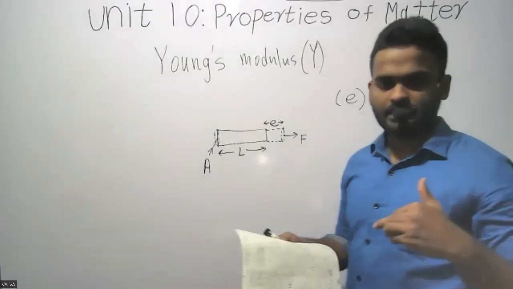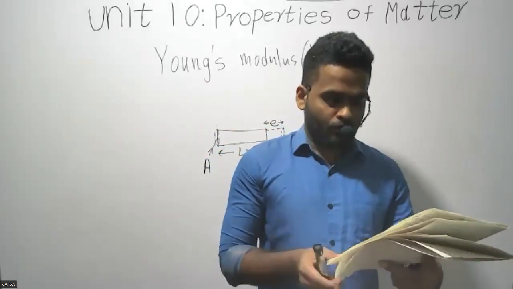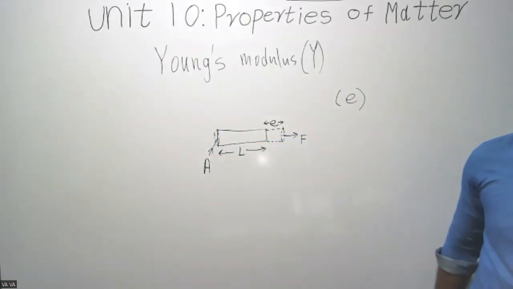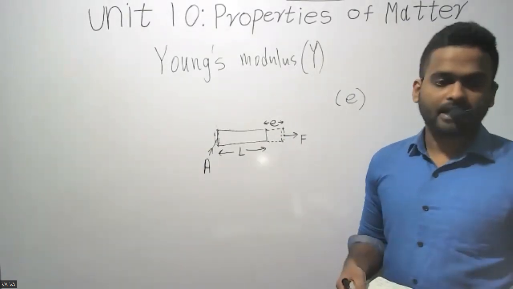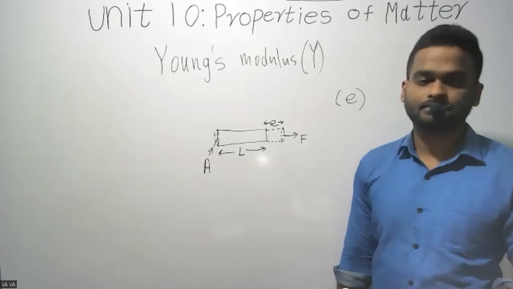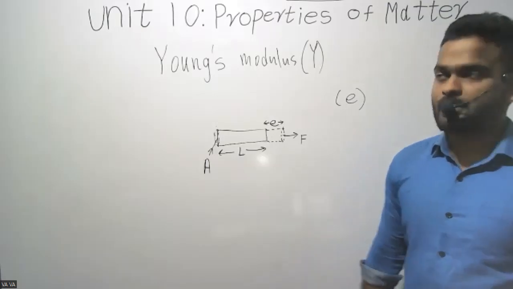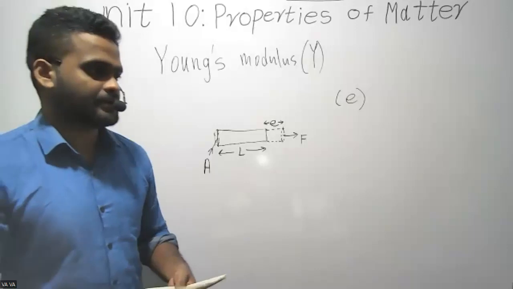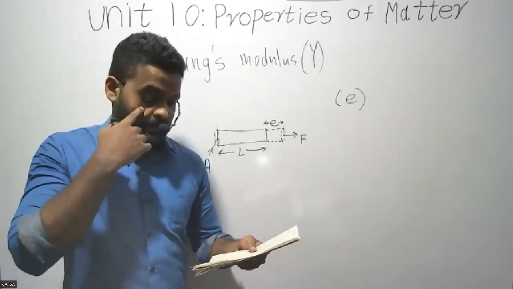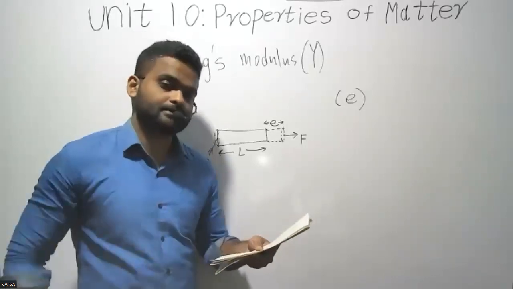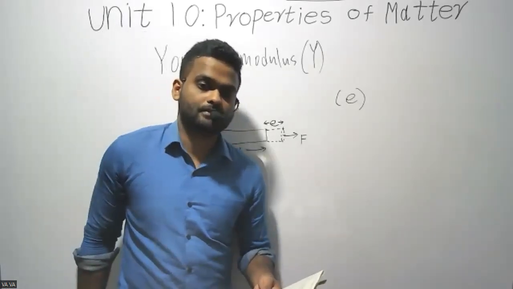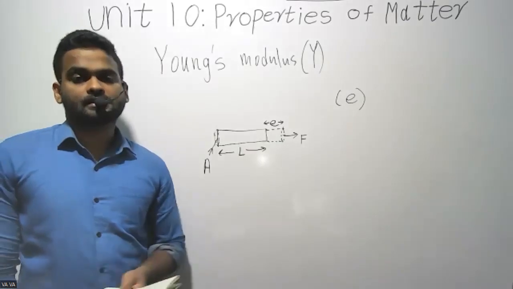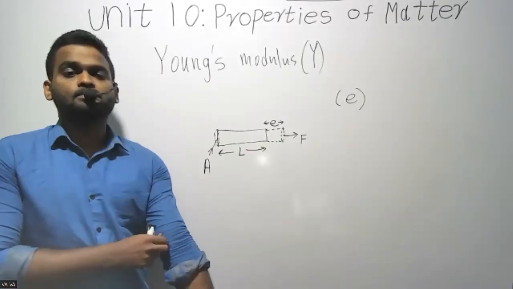Then on another line, write this. When a compressive force, capital F, is applied on a material shaped into a rod, it causes a compression.